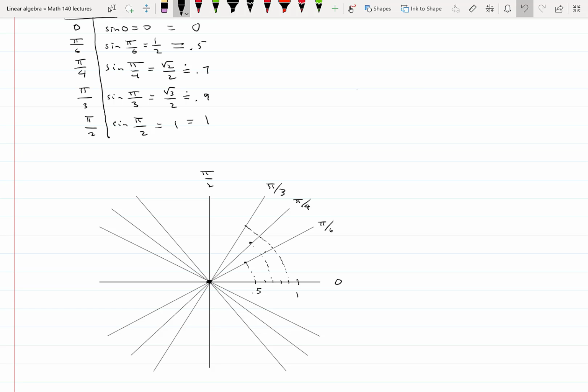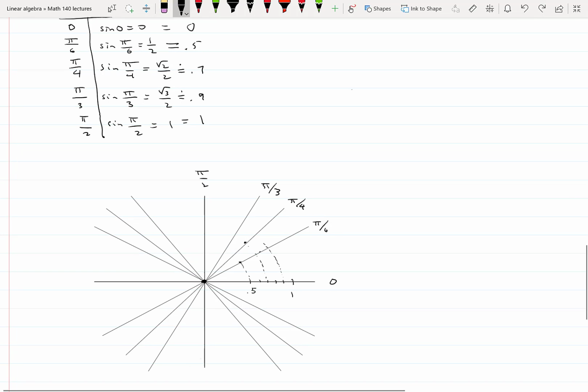I could do a little better than that, I guess. So that's all right. And at pi over 2, I'm at 1. Let's see if this is 1. I'm going to swing it through there. So we're getting a series of points.